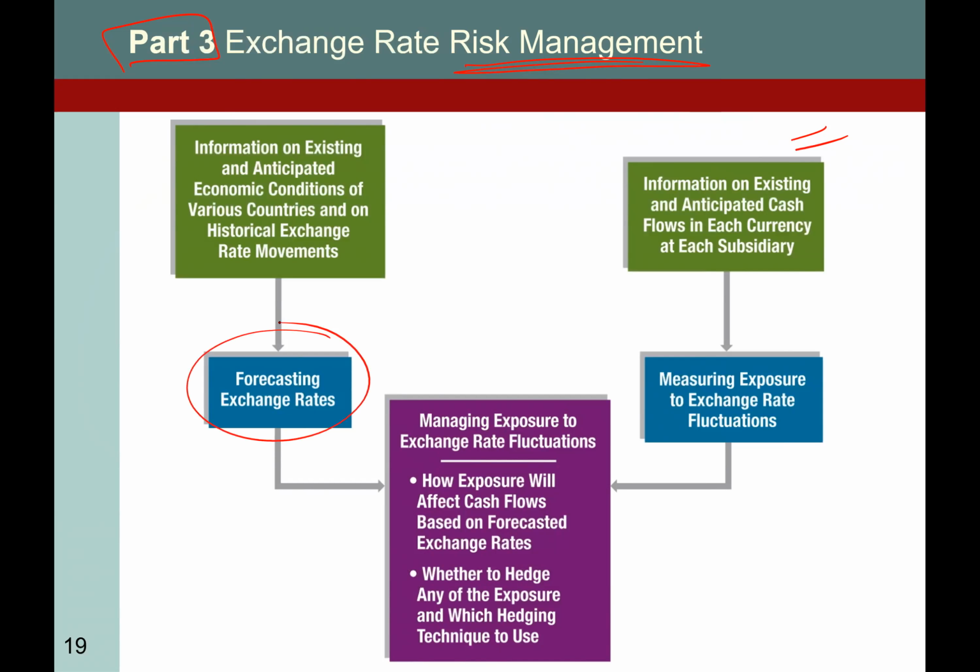how the exchange rate forecasting is done. First of all, you gather the information on existing and anticipated economic conditions of the various countries which you are involving. If your trade is with Korea, Japan, China, then you see their economic conditions, because if you are in the US and you are doing trade with Korea, Japan, and China, you need to look at their expectations or anticipation of their economic conditions.